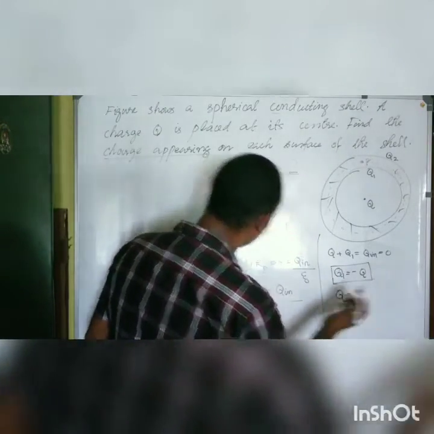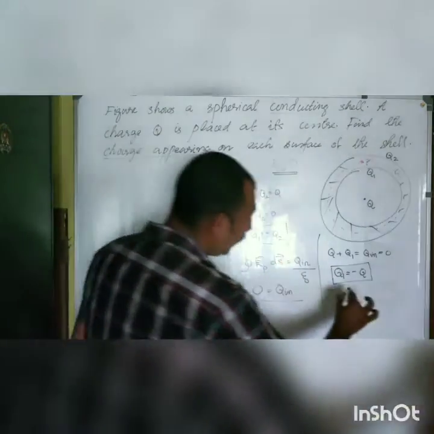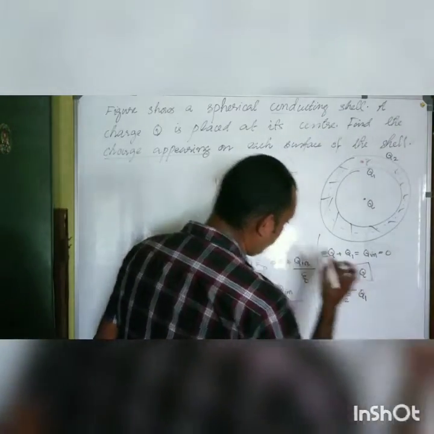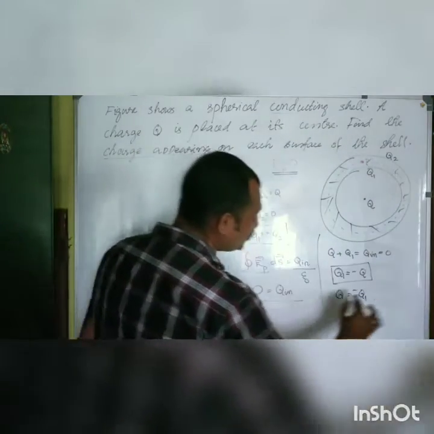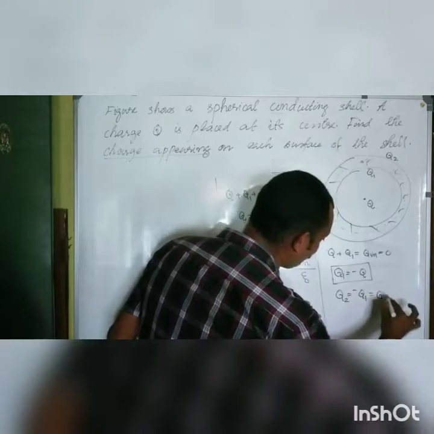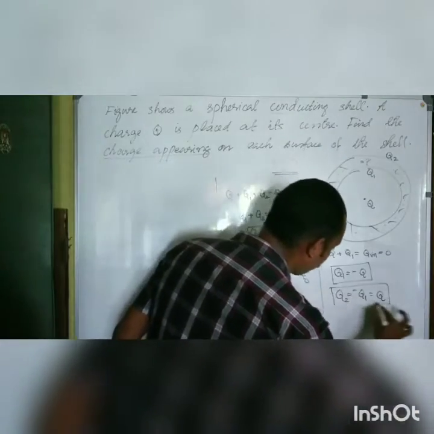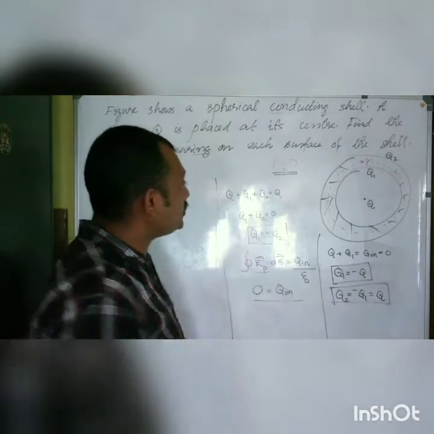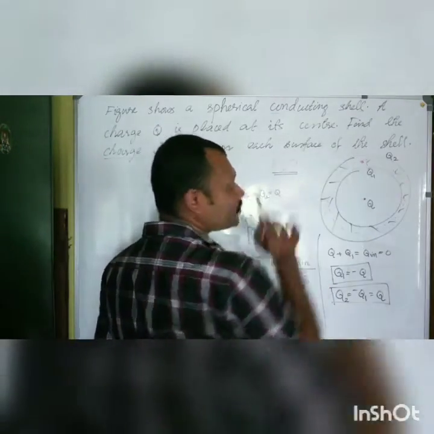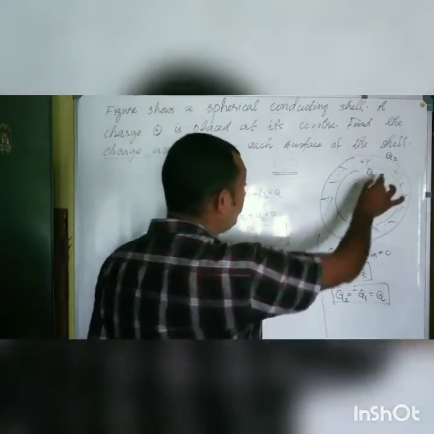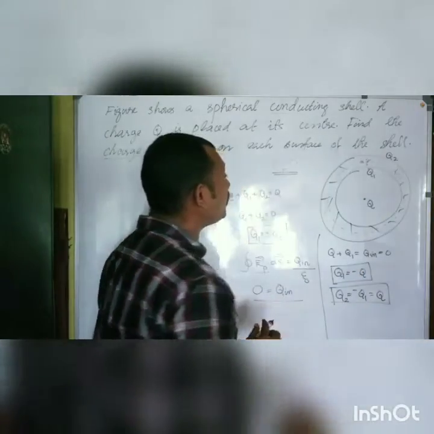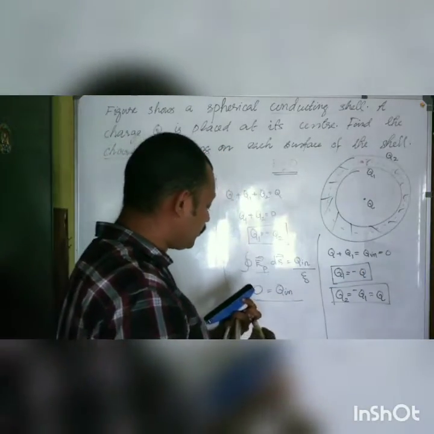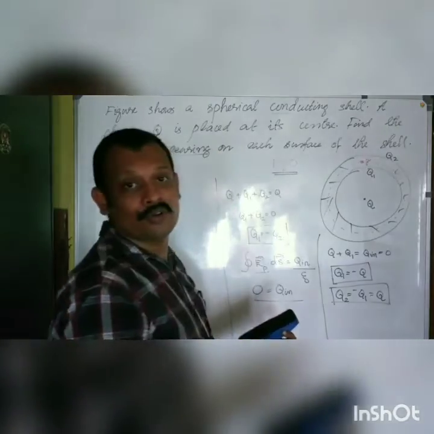Q2 is equal to minus Q1, and already Q1 is equal to minus Q, so the answer will be plus Q. Which means the charge appearing on the inner face of the conductor shell will be minus Q, and the charge appearing on the outer face will be plus Q.